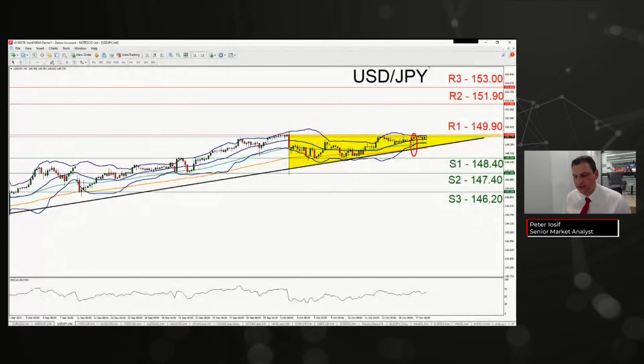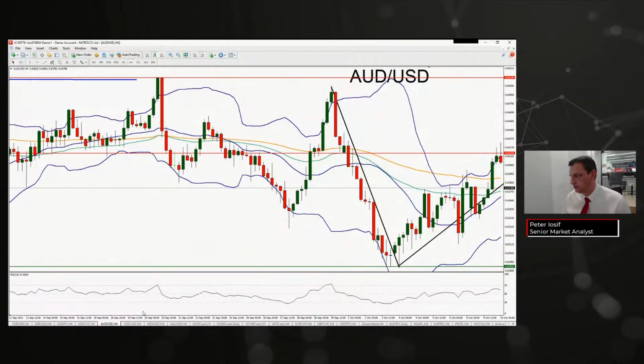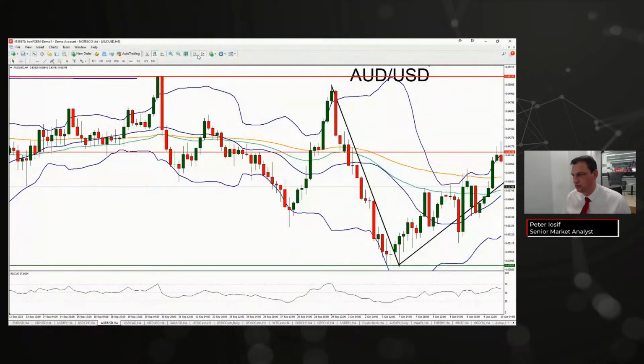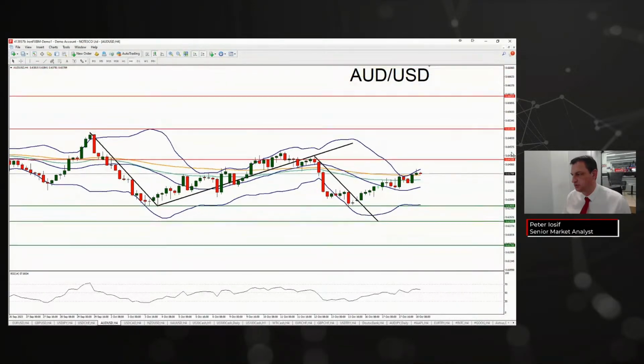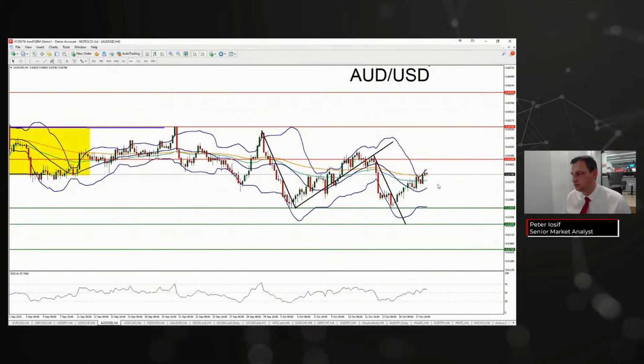Let's have a look now at AUD-USD. We're adjusting it. Zooming out. Still in the forward chart.